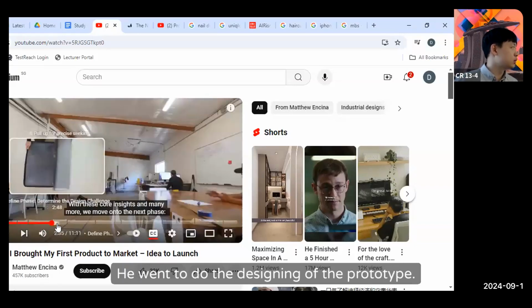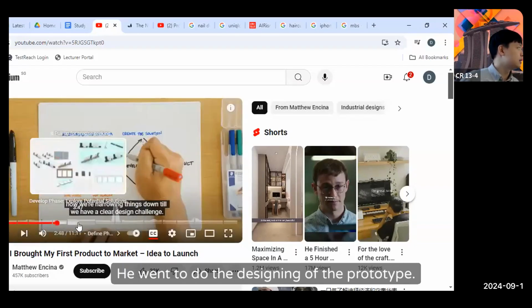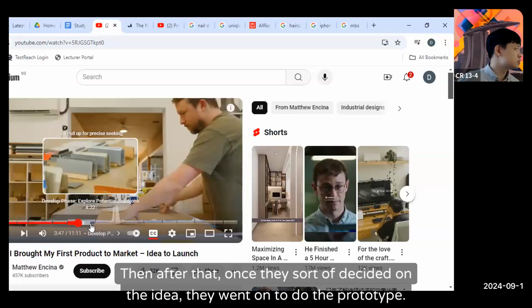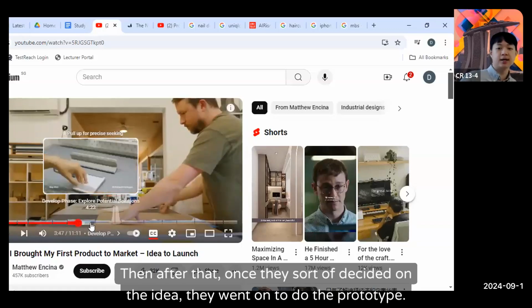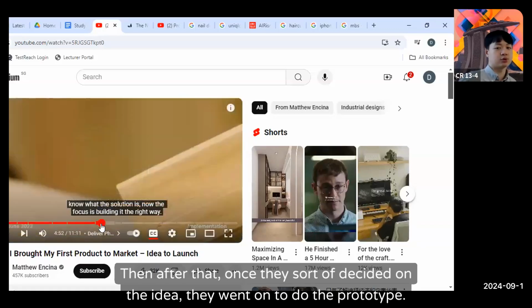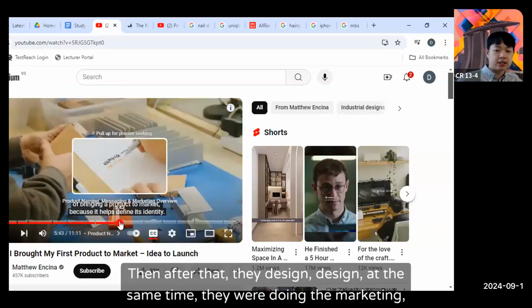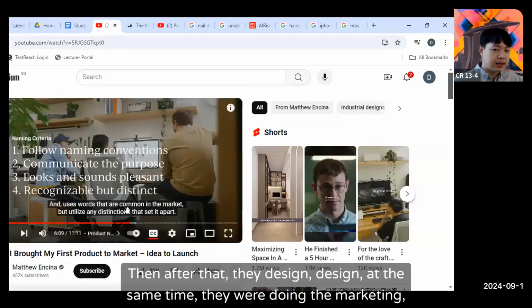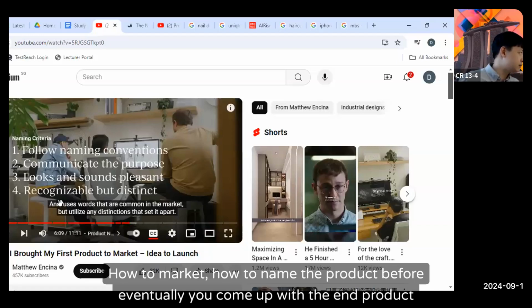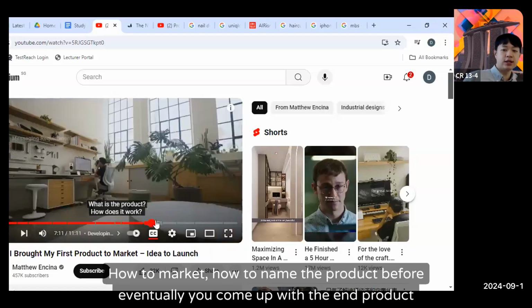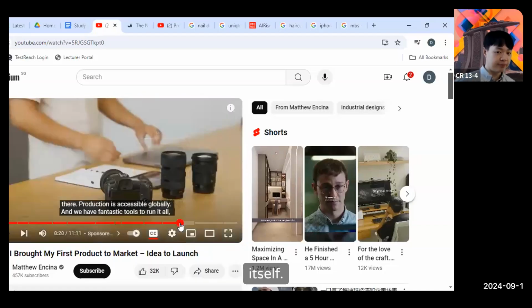He went to do the designing of the prototype. Then once they decided on the idea, they went on to do the prototype, the designing phase. At the same time, they were doing the marketing, how to market, how to name the product before eventually you come up with the end product itself.